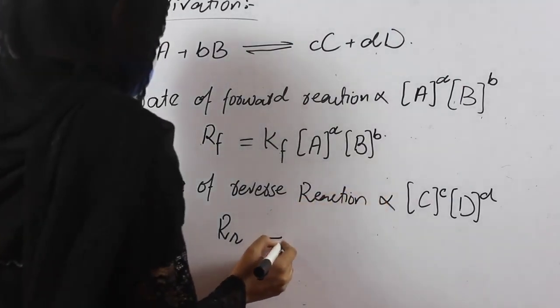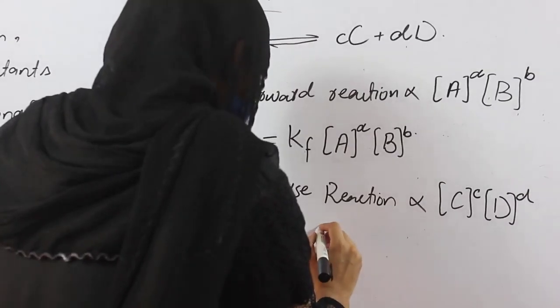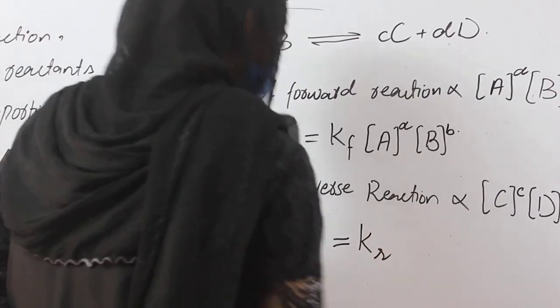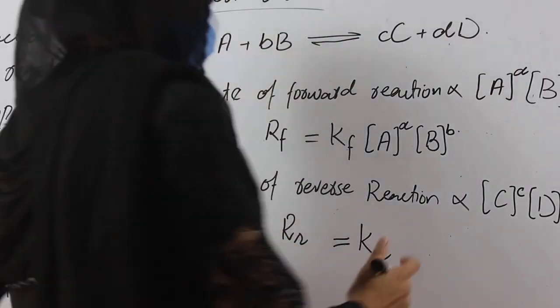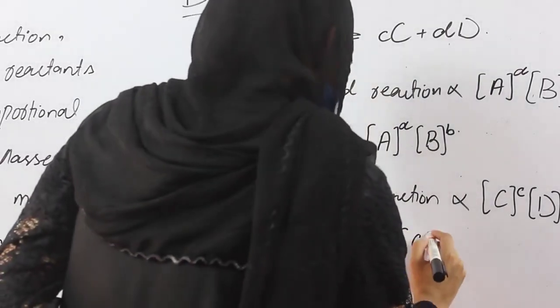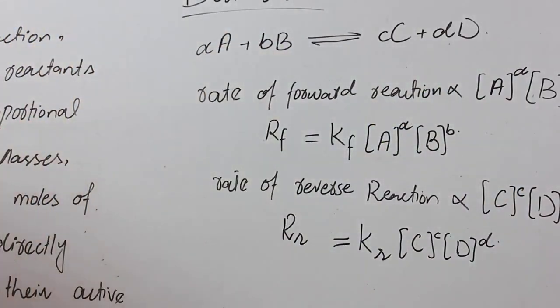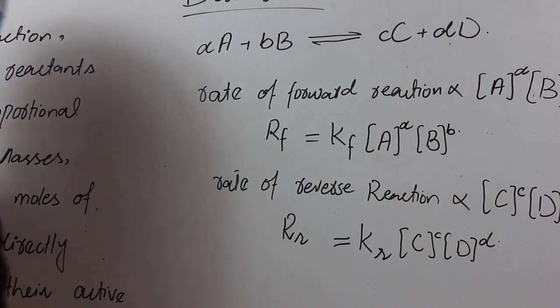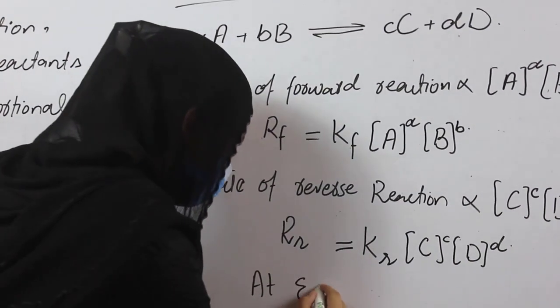In place of the proportionality sign we write equal, and the constant is Kr, the constant of the reverse reaction, and the active masses of their products. Okay, now because we are dealing with the equilibrium constant, here we are talking about their equilibrium position.